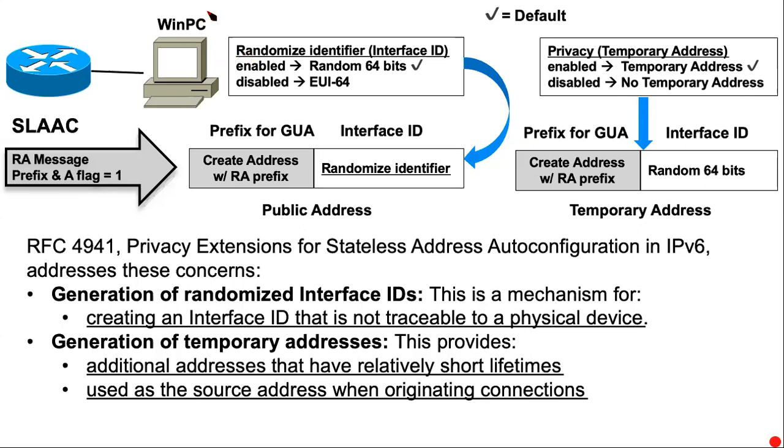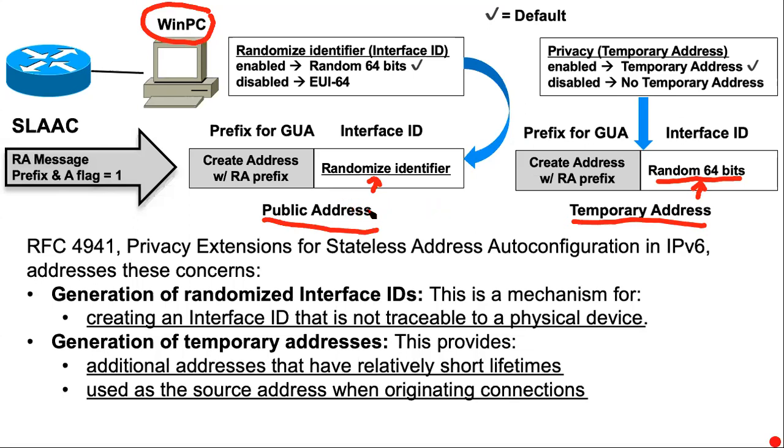So let me talk a little bit about this. This device, let's say WinPC here, is going to end up with two addresses. It's going to have an IPv6 address, the public address, which has a randomized identifier, but it's also going to have a temporary address, also with a randomized identifier. Two different addresses. The public address will stay with the device.